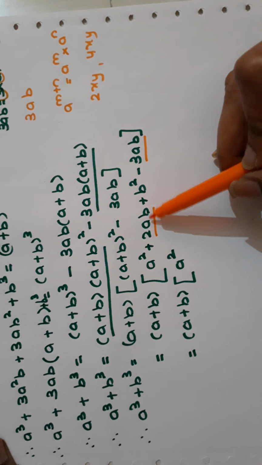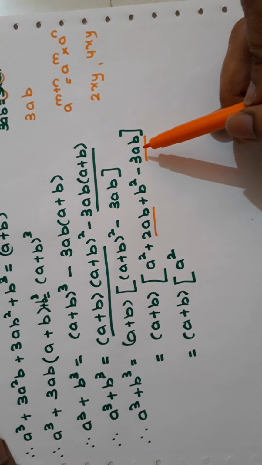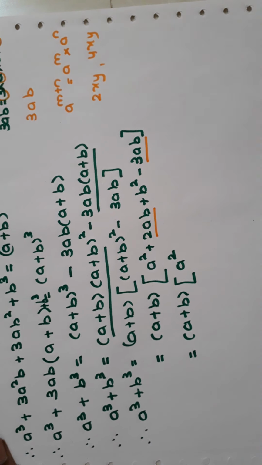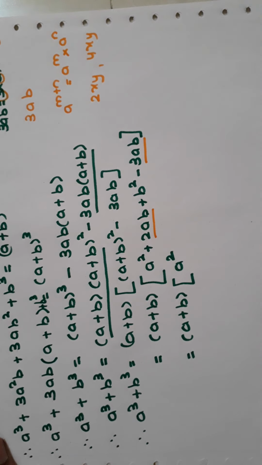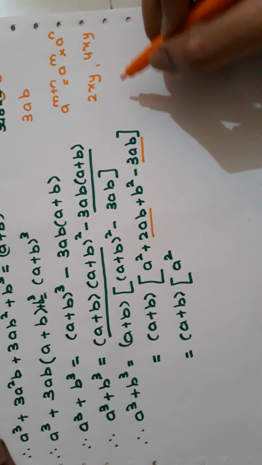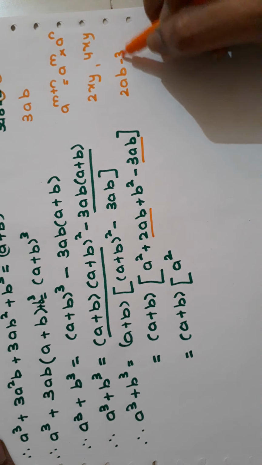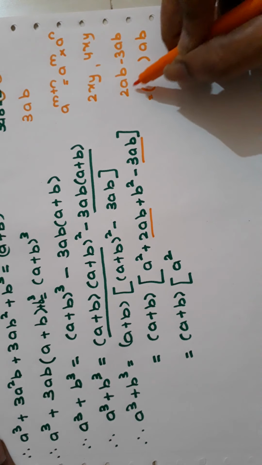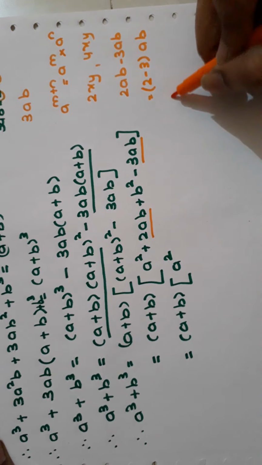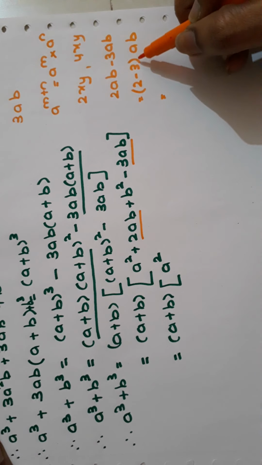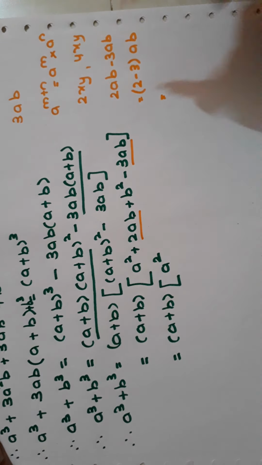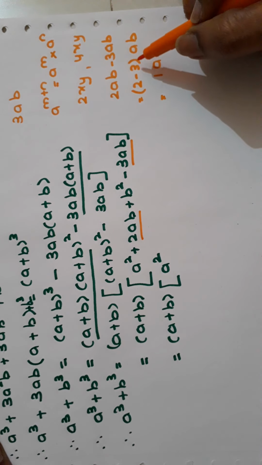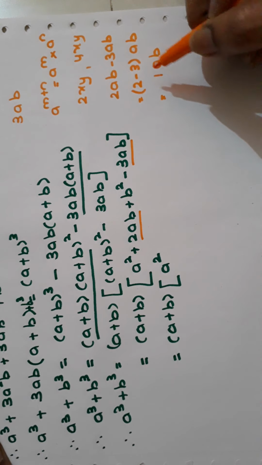So in this case, the variables for both the terms are a and b, and the powers of the variables are also the same. That means both the terms are like terms, and we can add and subtract like terms. Now how to subtract 2ab and 3ab? Keep the variables as they are in the answer, 2 minus 3. Here you are subtracting a bigger number from a smaller number, so you subtract in the usual manner, 3 minus 2 is 1 ab, and put the sign of the bigger number. Here the bigger number is 3 and its sign is minus.